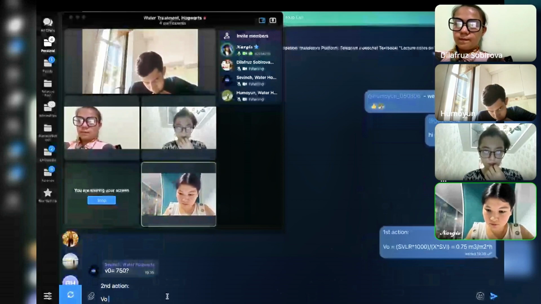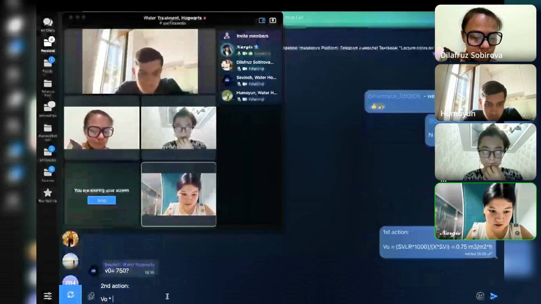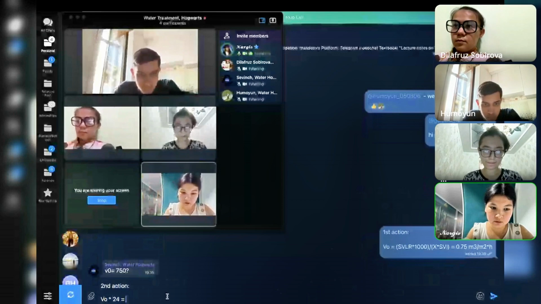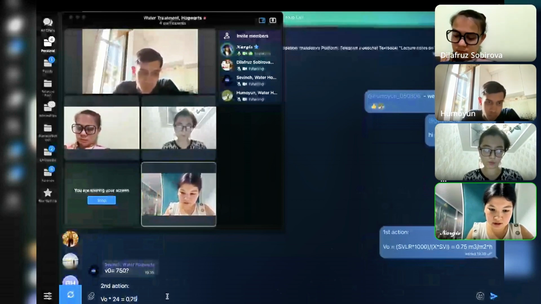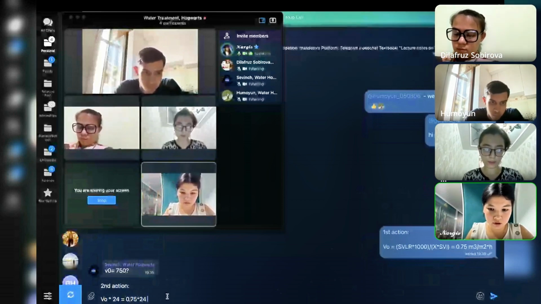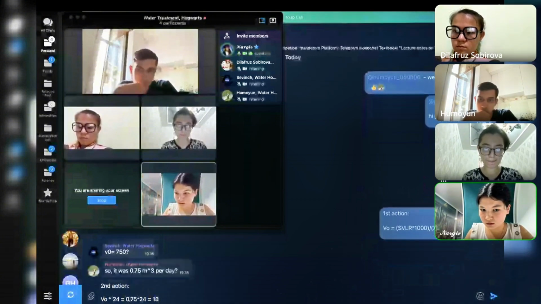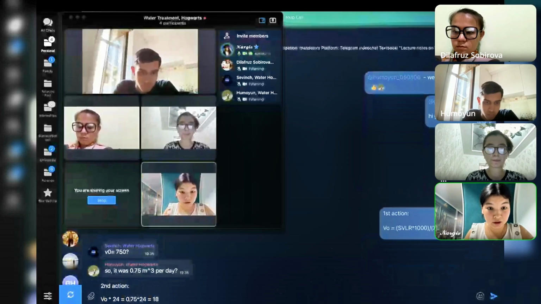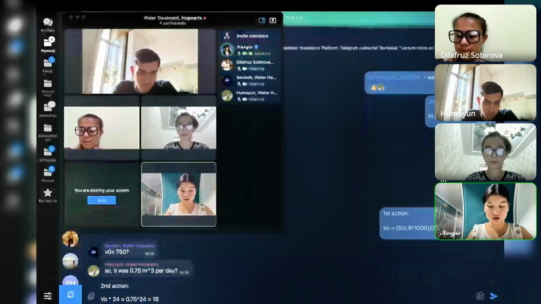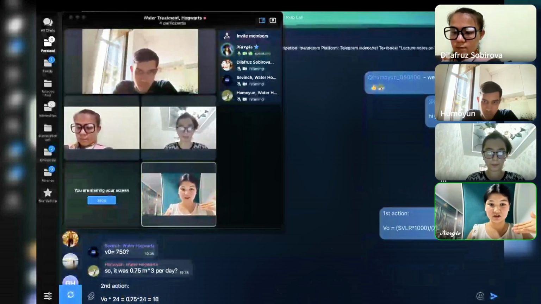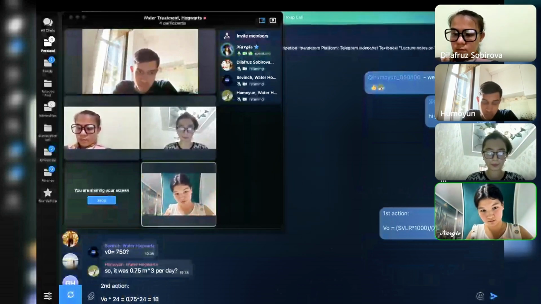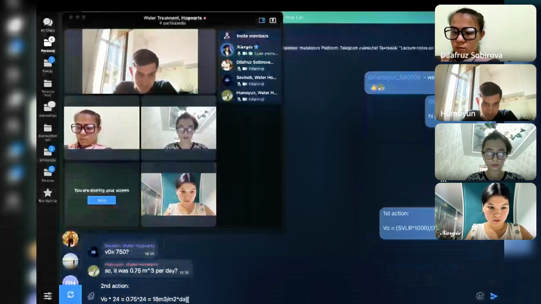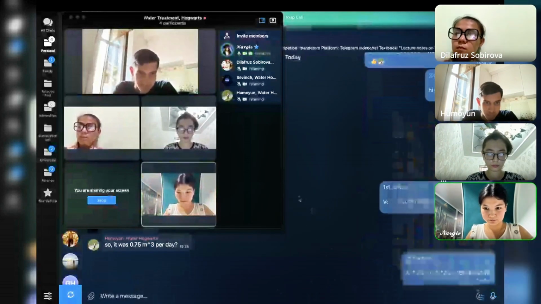So V0 times 24, which is 0.75 times 24. It will be something around 18. The load was meters cubed per meters squared per hour, not per day. So now this is the second action.